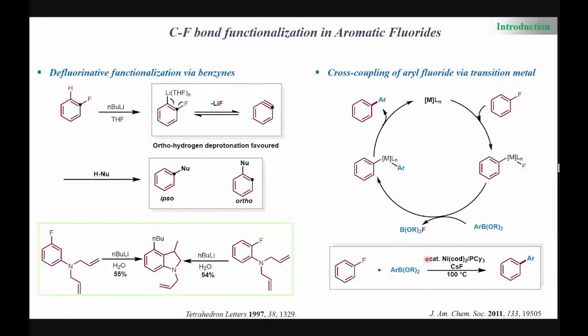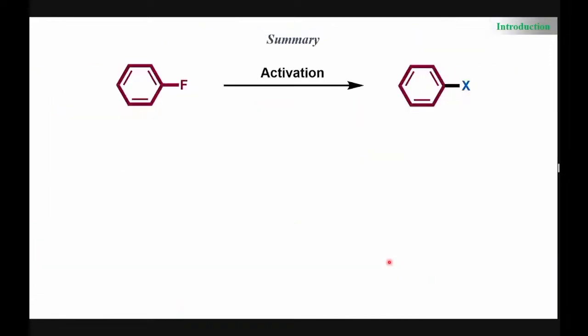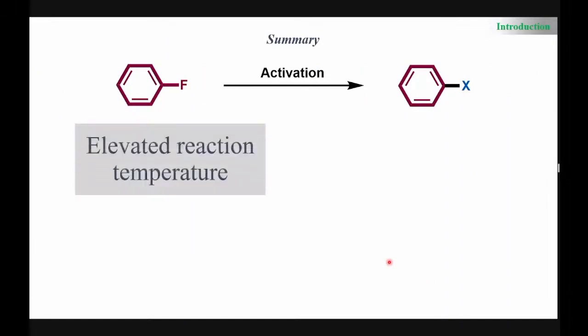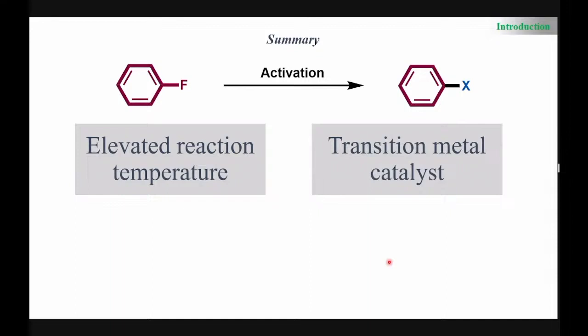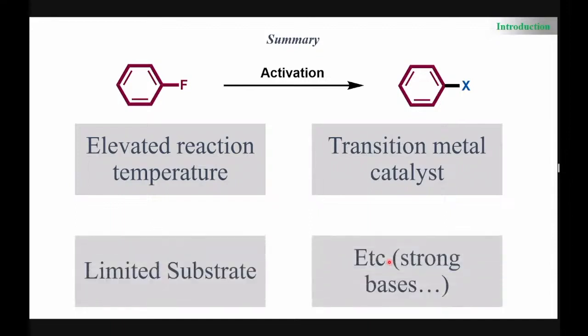Like this, using a nickel catalyst and electron-rich phosphine ligand at 100 degrees, this defluoro cross-coupling reaction was achieved. So in general, former methodologies have these shortcomings: elevated reaction temperature, transition metal catalyst, limited substrate scope, and so on.